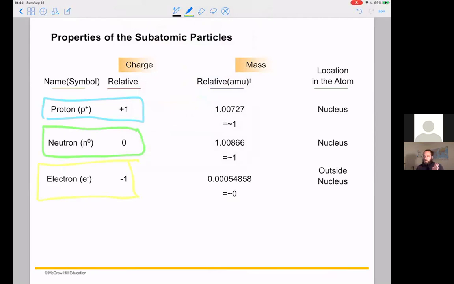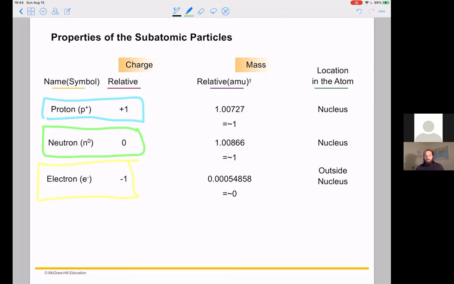One of the things that you'll notice different about what we're talking about here than when we're talking about something for lab. In lab, or even if you think about how you weigh yourself, you take the mass of yourself, but you're usually dealing with units that are like pounds, or grams or kilograms. In America, we use pounds. In the science world, we use grams and kilograms.